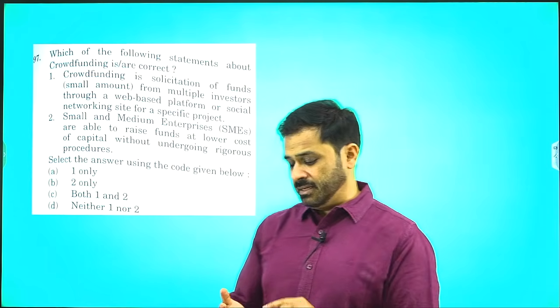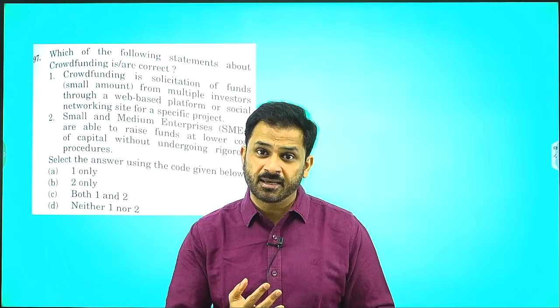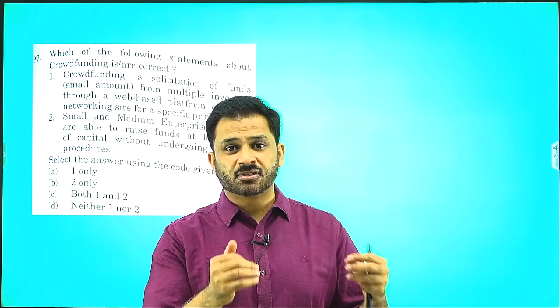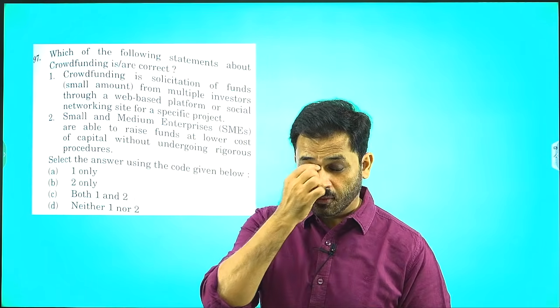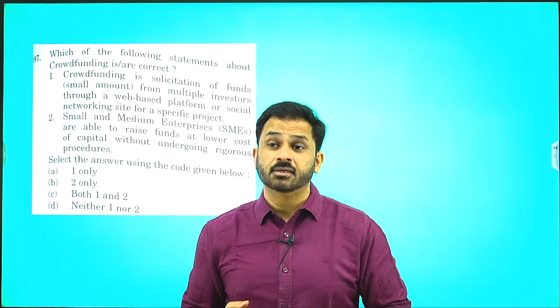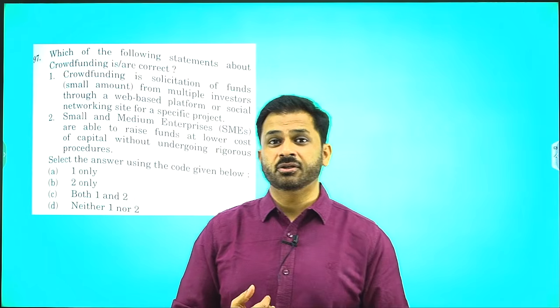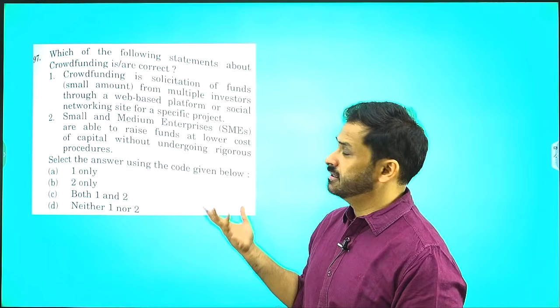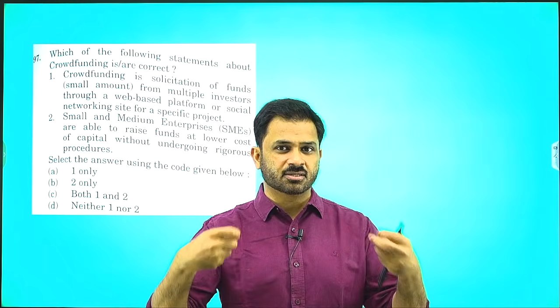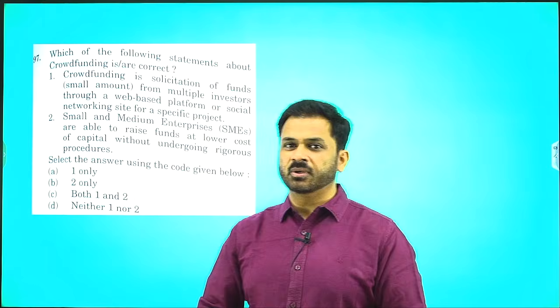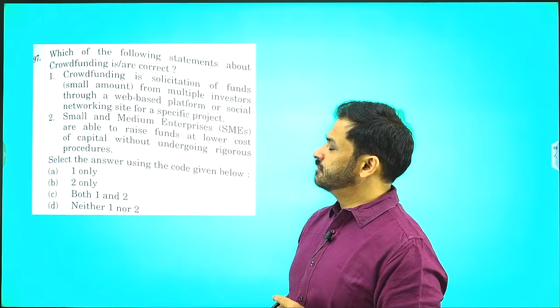Then it can be equity based. That means they can have some kind of equity in the overall project, maybe a very small one of course. And then there can be a debt model also, wherein you are taking a loan. And the fourth type of crowdfunding is the donation one, wherein you just freely give the donation and forget it. So the first statement is correct.